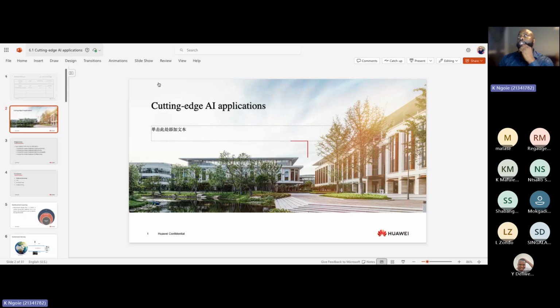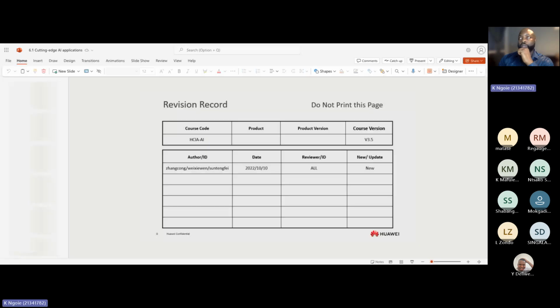Refresh this page. Okay. Second, I'm just refreshing this page. I think it's kind of frozen. It's not getting the full screen.